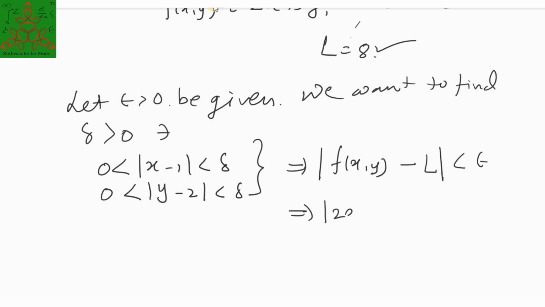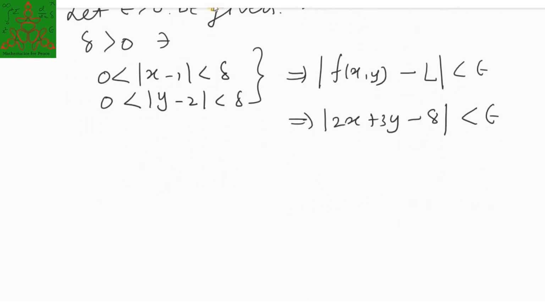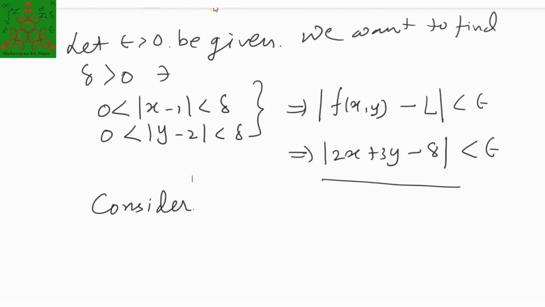It is mod of 2x plus 3y minus 8, since L is 8, less than epsilon. That is the condition required. So I am starting with this. Epsilon is given to you and you need to find delta, which depends on epsilon and satisfies this condition.